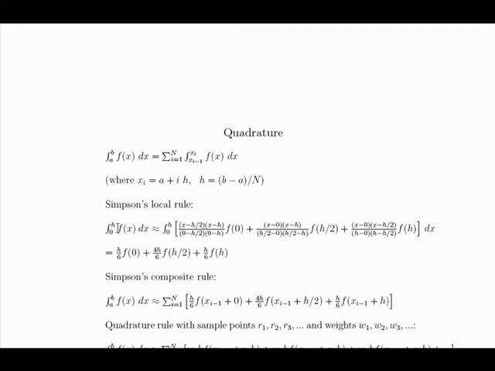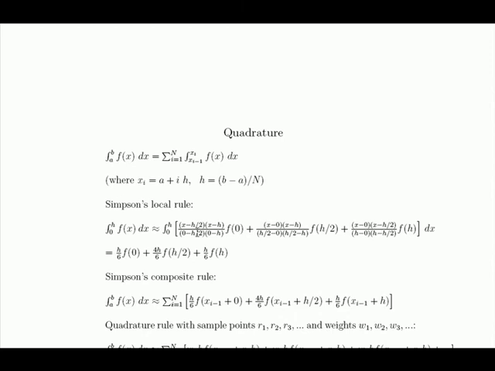So you can approximate f on the interval 0 to h by the Lagrange polynomial of degree 2, which interpolates to f at 0, the midpoint h over 2, and the right-hand point h. And here is the Lagrange polynomial.